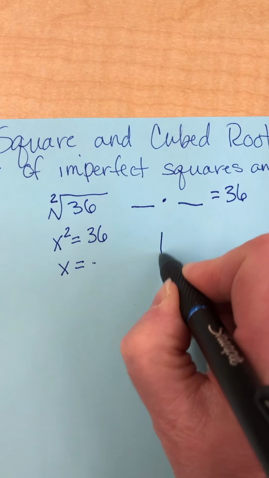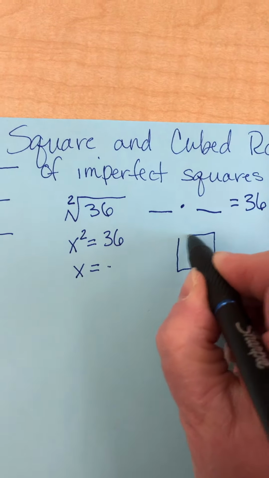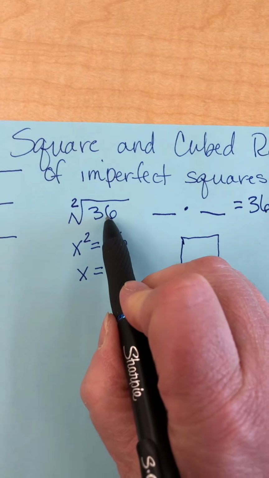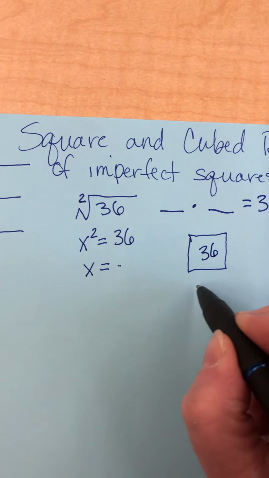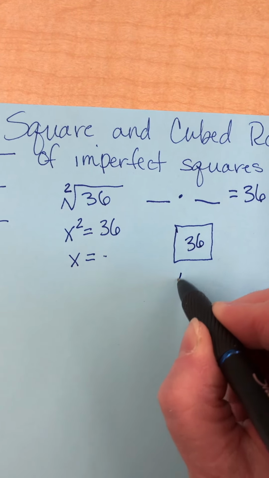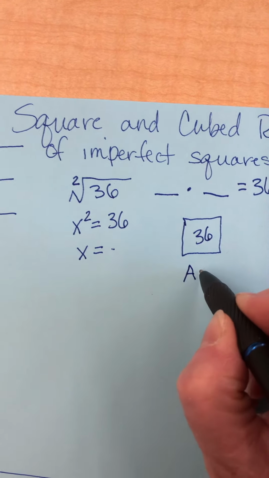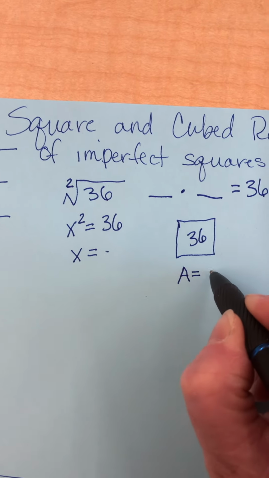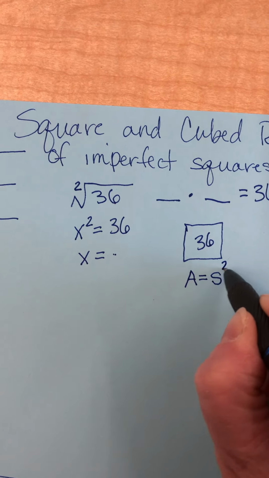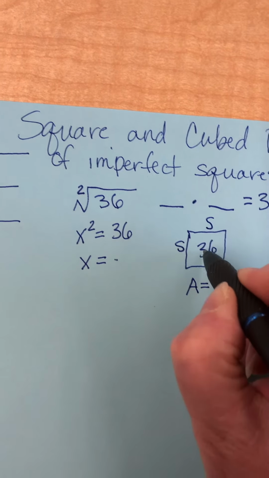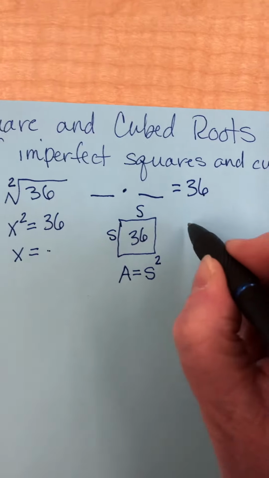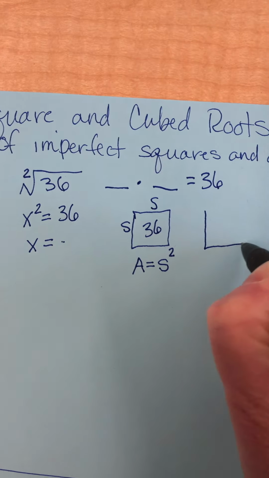So a square is literally a square. The number on the inside of the bracket is the area of that square. And you should have done before, I don't remember what grade level we first taught this to you, that the area of a square is the side squared. So you basically have side times side equals the area. For our purposes, you can use an S if you want.